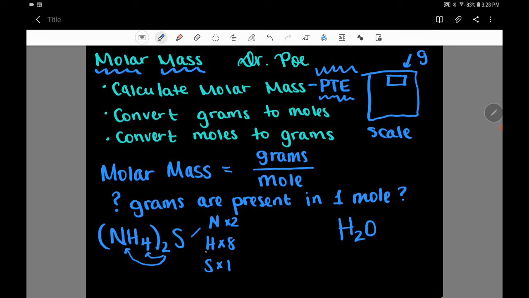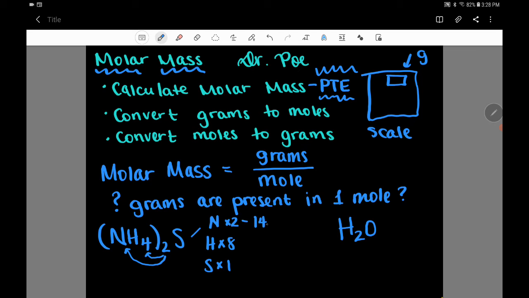There's no number here, so we know that that's definitely a 1. So whatever our value for atomic mass is on our periodic table for nitrogen, we're going to multiply that by 2 because there's 2 nitrogens in this formula. For H, same thing, and we're going to multiply that by 8 because there's 8 H's in this formula. And for sulfur, just 1. There's only 1.